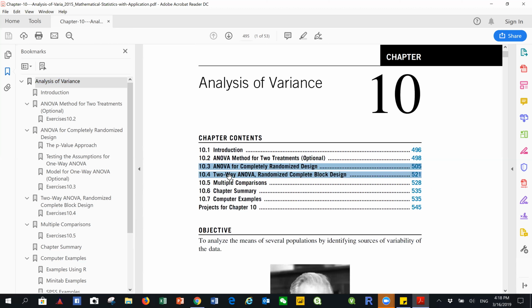We call it one-way ANOVA because one way is a factor. A factor has different levels. Consider a factor a variable, and that variable can take on different values.